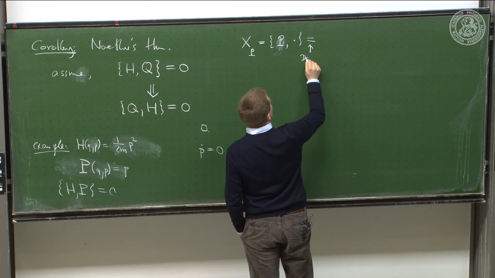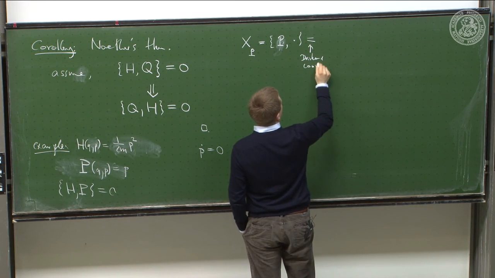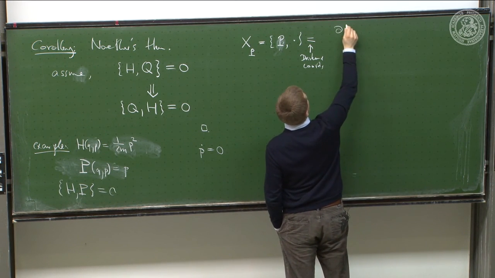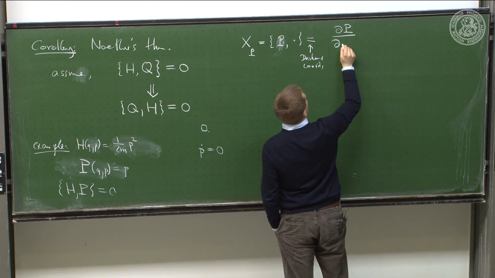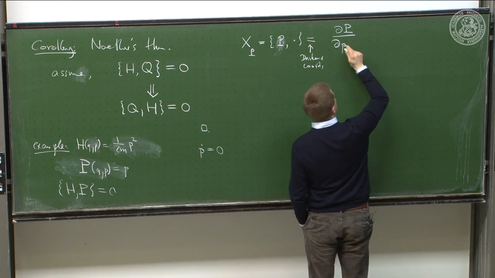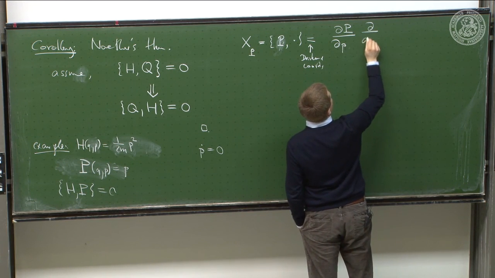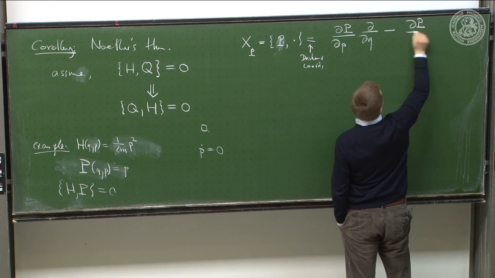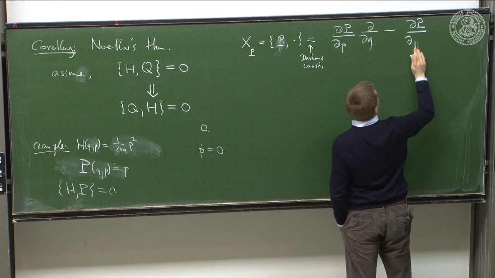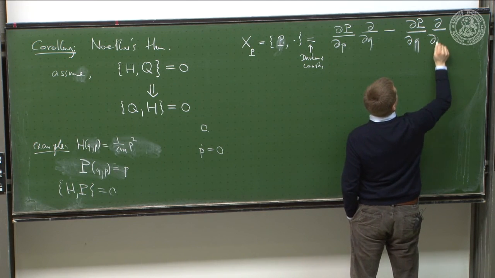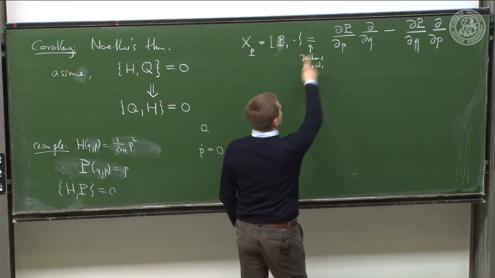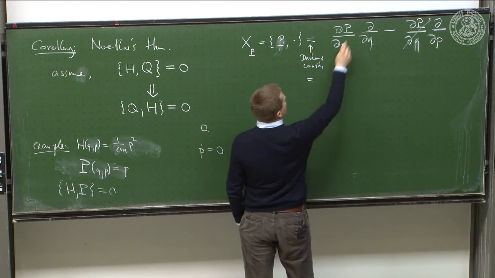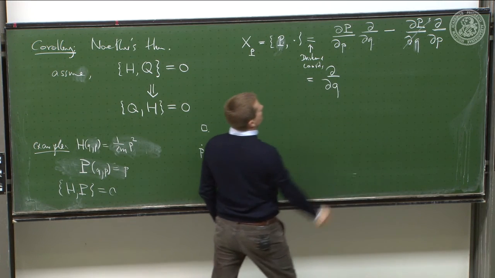We go to Darboux coordinates. Why? Because we can. So we get here dP/dp, yet now it's a little p, d/dq, minus dP/dq d/dp. Aha, but the capital P is just a small p, so this term goes out, that's 0. This term is 1, so this is d/dq.